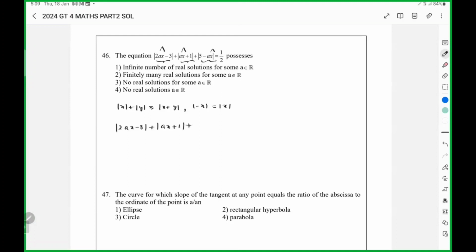mod of 5 minus ax. I'll write ax minus 5 by using this property, which is greater than... here also I will change it by using the same property.